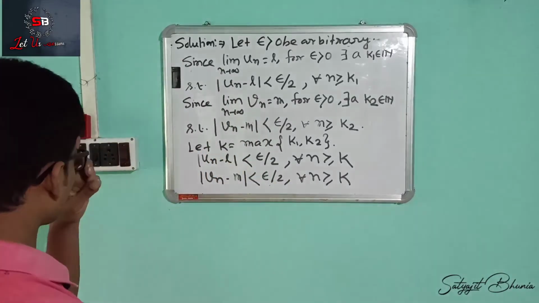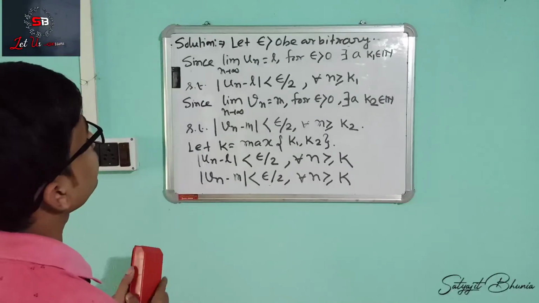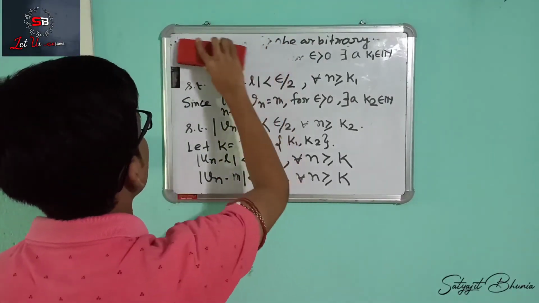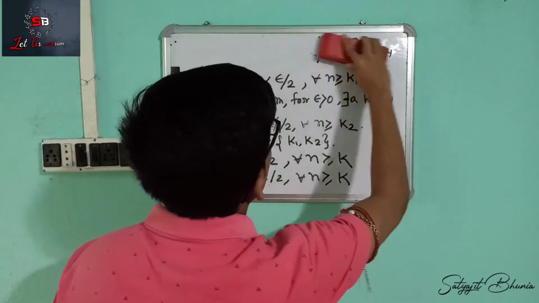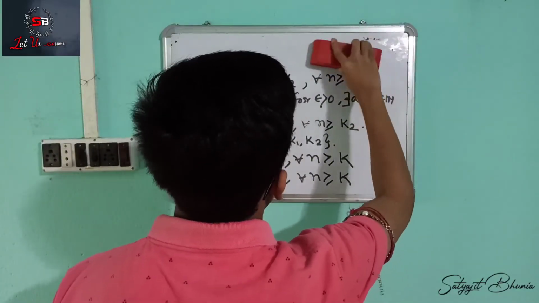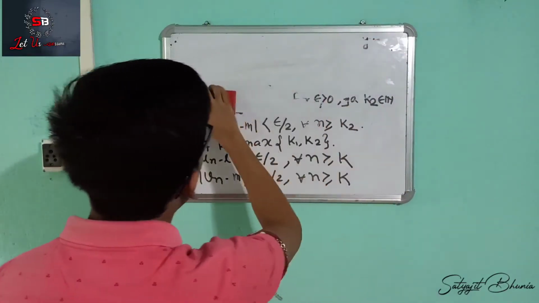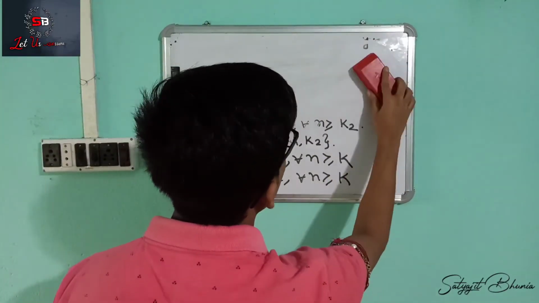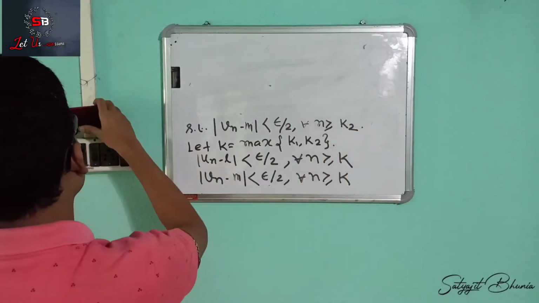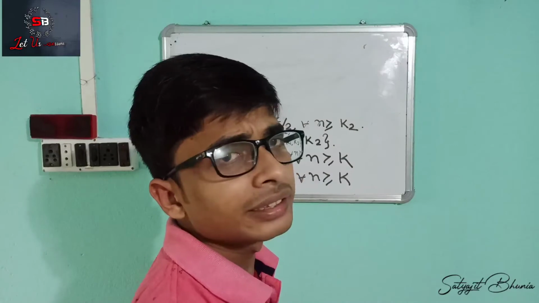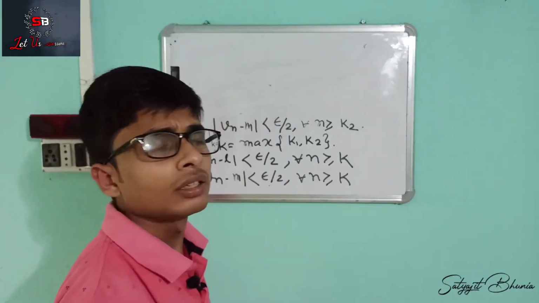Next, we have to prove that xn converges to the maximum of l and m.